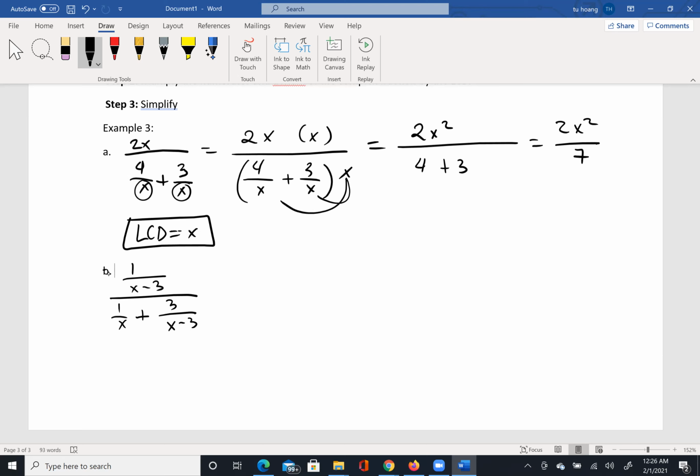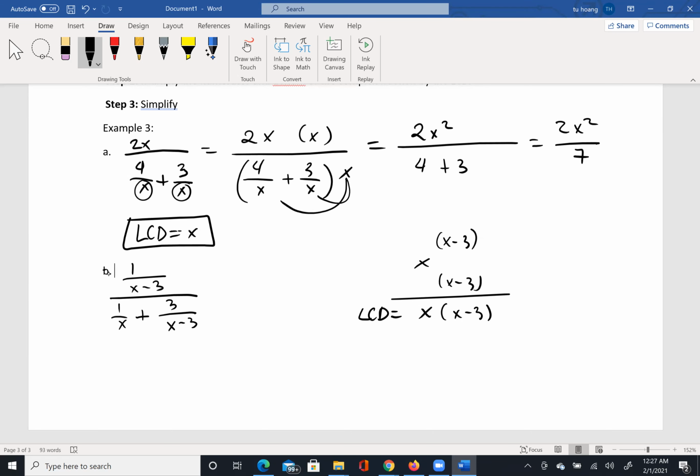Okay. So the top has a denominator of x minus 3, and the bottom has an x and also x minus 3. So the LCD should be, let me write, the LCD should be equal to x multiplied by x minus 3.